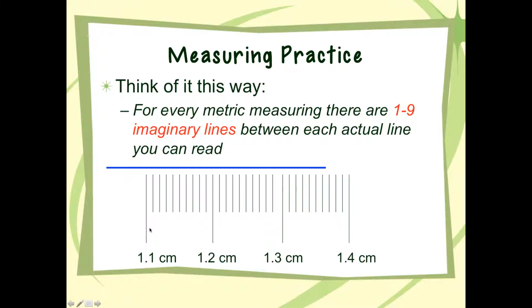So if you have an object that looks like this, you could read to 1.3, it's for sure past that, and then we're going to pretend these were imaginary lines. So then you would say it's 1.3, I don't know, it's somewhere more than half. So then I might say that it's like 1.36 or something like that. So again, these were pretend imaginary lines that would not be on your actual tool, but you can imagine it. That's how you make your guess for that last number.